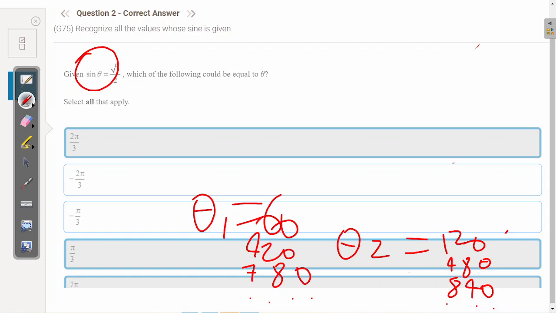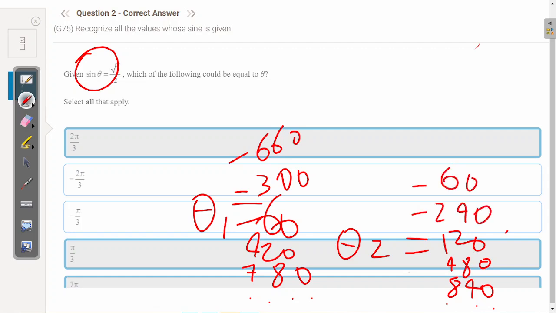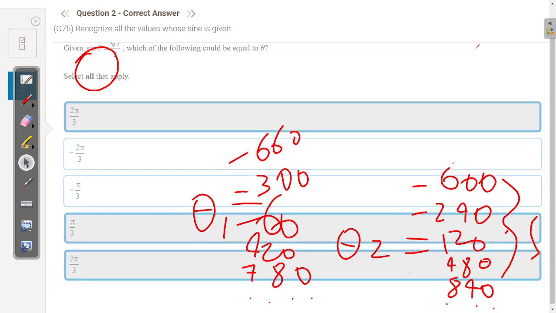You can do the same thing with negative, so 60 minus 360, so negative 300, and negative 300 minus 360, negative 660. Same thing with 120, 120 minus 360, negative 240, then again it's negative 600. I will just use 5 values, because I don't think they will ask us for a big number.